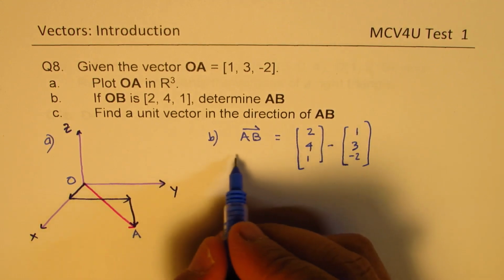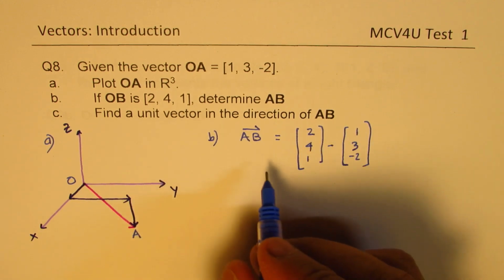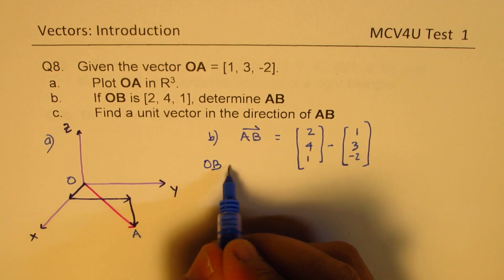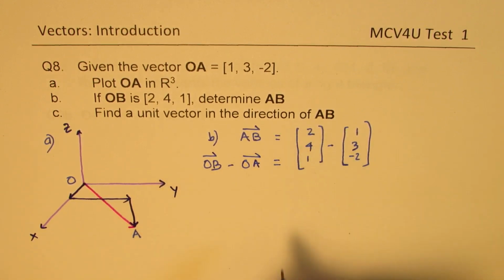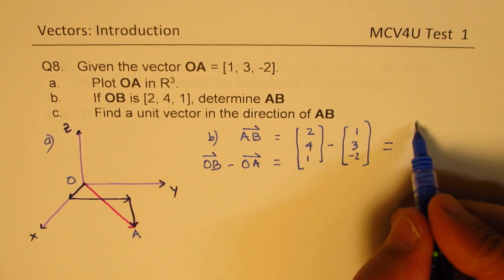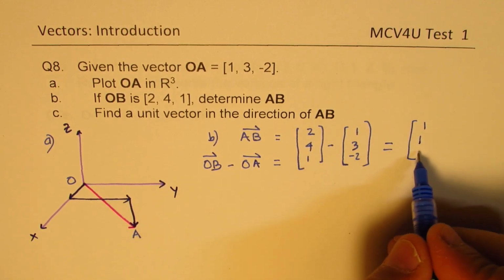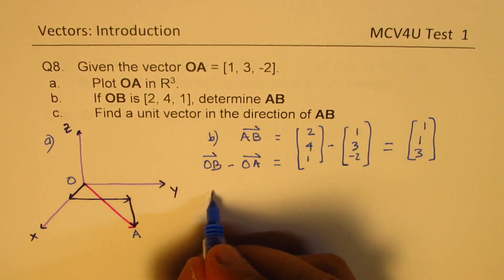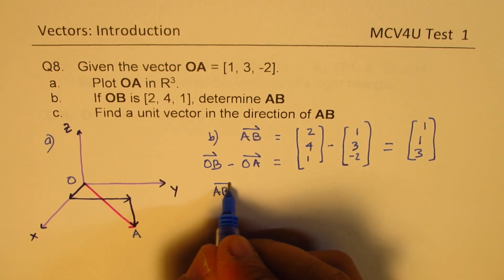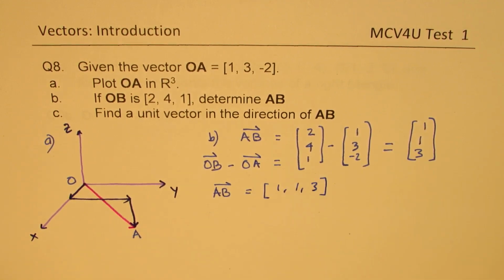So basically AB is OB minus OA, right? That is AB. Okay. So we get here 1, 4 minus 3 is 1, 1 minus 2 is minus 3. So the vector AB is basically (1, 1, minus 3), correct?